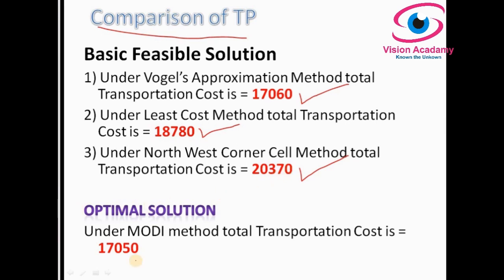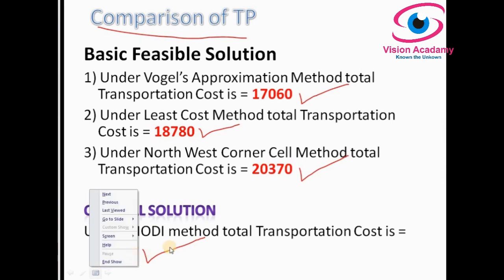Under the MODI method, it is 17,050. So compared to the basic feasible solutions, the optimal solution is the lowest. Under this the objective function is reached, it means the total cost is reduced, so that we achieved the result like this. And look at this, Vogel's approximation method is the most accurate of the basic methods to calculate transportation cost.